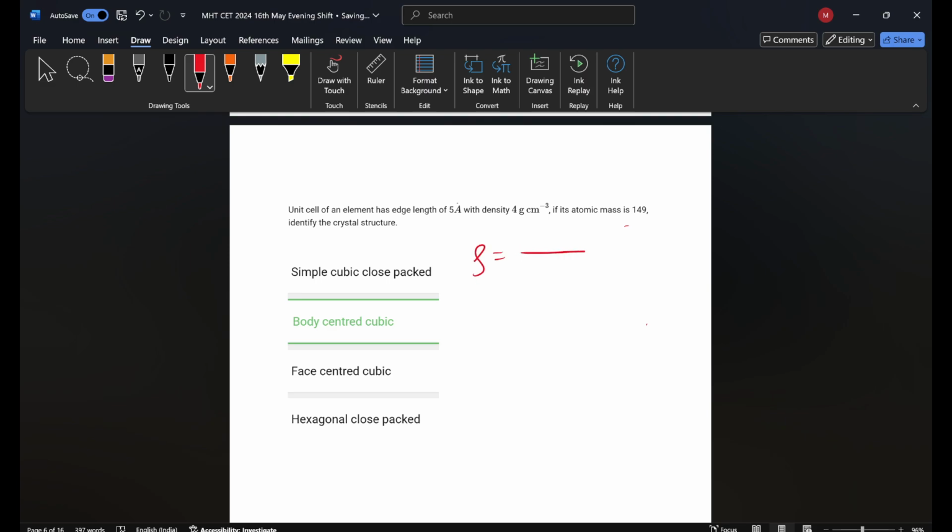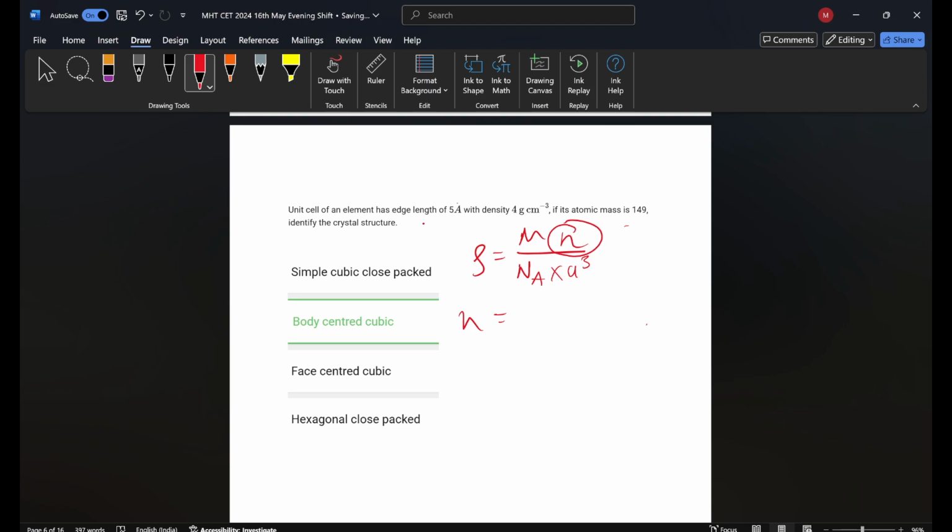This is a classic formula. I think it is rho equals n into m by, it is rho equals n M by N_A a cube, right? So the n we are supposed to find. So n equals this whole multiplied.